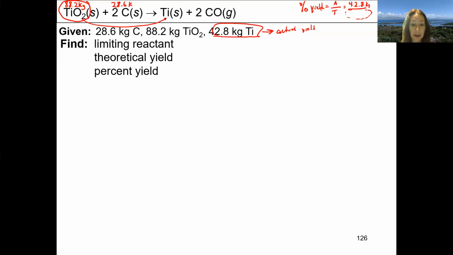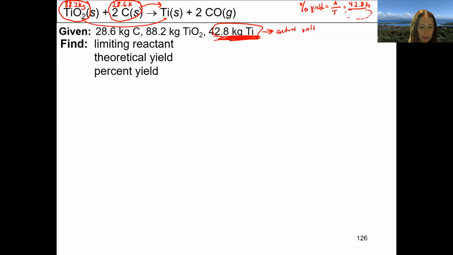And then I'm going to go, hey, if I use all of my 26.8 kilograms, how much Ti can I make? And the reason I'm choosing Ti is because that's what we're going towards. So I call this two birds, one stone, right? Sometimes this way is a little bit longer, but in the end, you only have to do 2 problems versus 3. But again, if you learned a different way to do this, go ahead and do that.